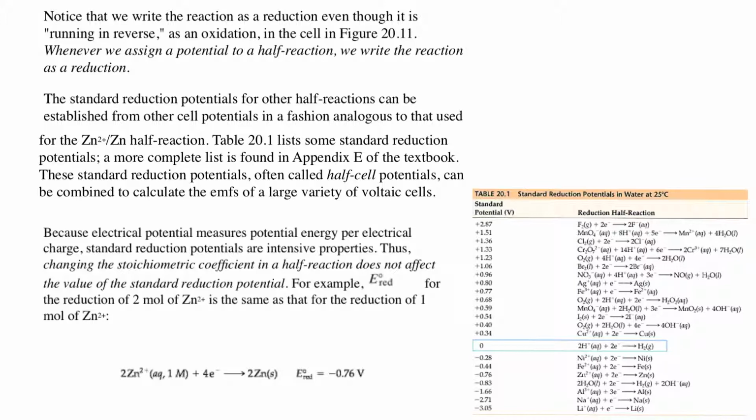Because standard potential measures potential energy per electrical charge, standard reduction potentials are intensive properties. Thus, changing the stoichiometric coefficient of a half reaction does not affect the value of the standard reduction potential. For example, the standard reduction potential for the reduction of 2 moles of zinc ion is the same as that for the reduction of 1 mole of zinc ion.